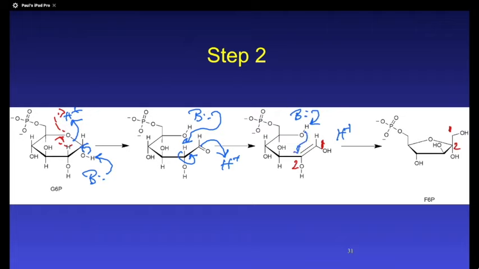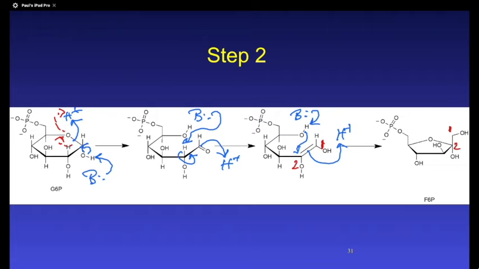When that attacks, too many bonds to carbon, so this one's going to pick up a proton. So that pair of electrons is associated with this carbon that picks up the proton, and now I have 2 protons here. I've made an oxygen bound to the second. The hydroxide on the 2 is bound, and I have fructose 6-phosphate.